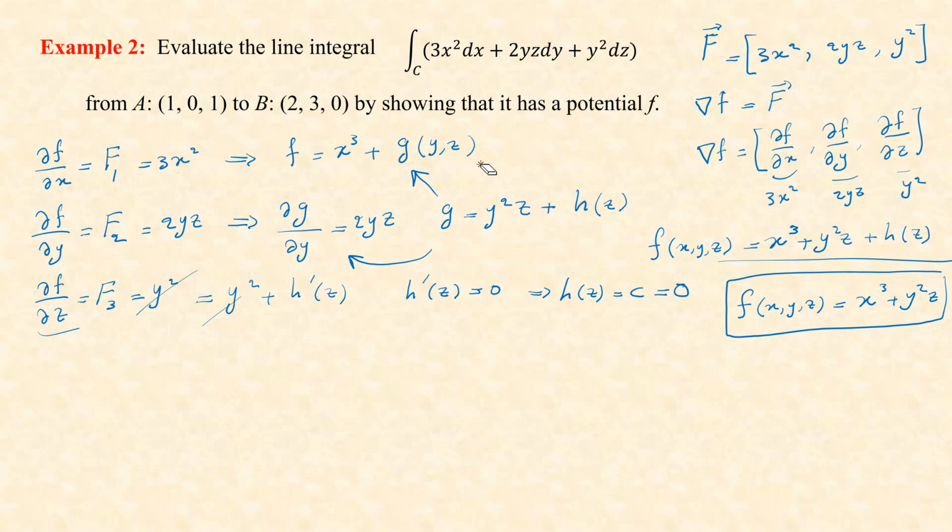Again, when you go one step further, you want to find G, you find G to be Y squared Z plus a constant, because you do the integral with respect to Y, and this is a constant as far as Y is concerned.